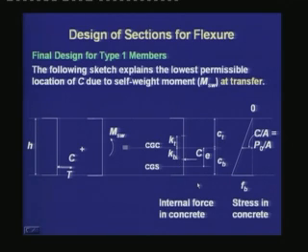The procedure based on the lowest CGS, and hence the lowest location of C at transfer, gives an economical section. When C is at the bottom kern point, then the stress in the concrete is triangular with 0 at the top and fb at the bottom.